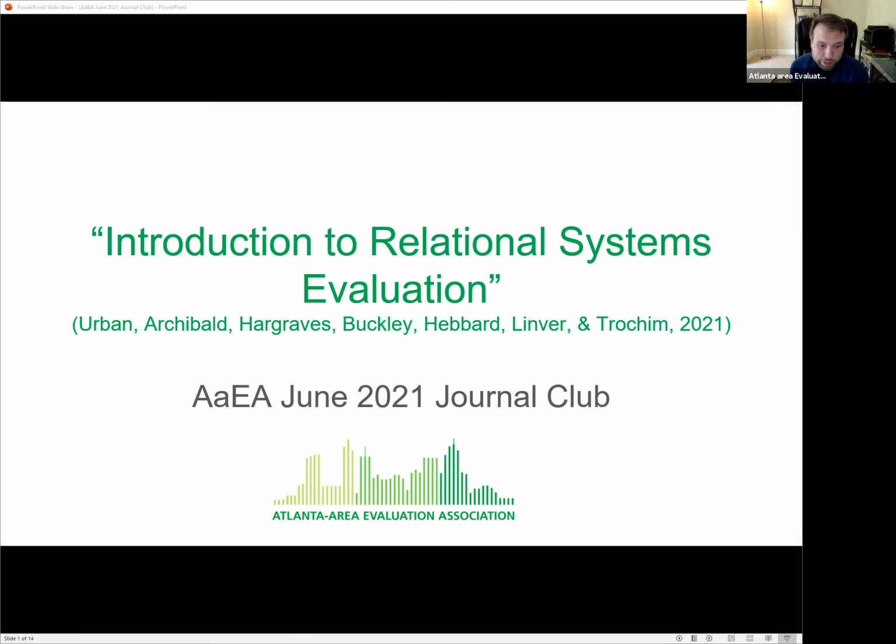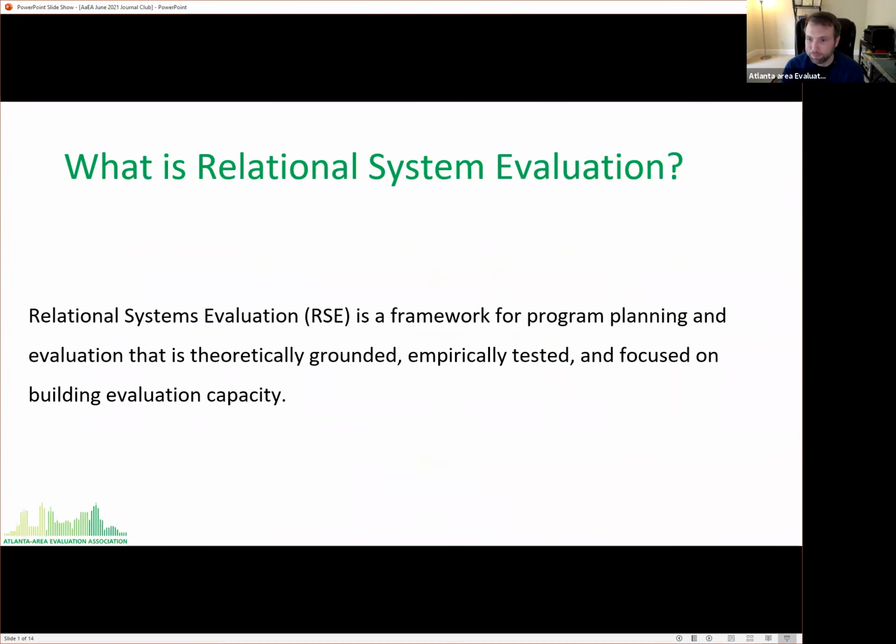The article does a really good job of pointing you to other articles in this journal if you have more questions about a particular aspect. I'll briefly mention what those are later.